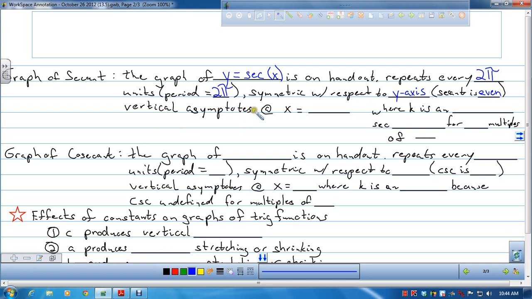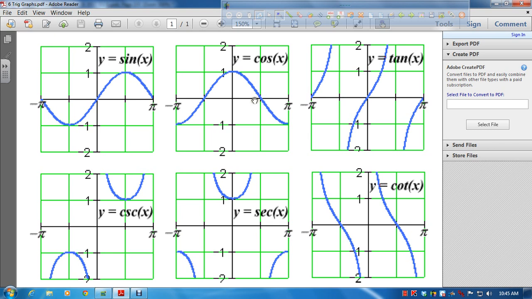And these vertical asymptotes, as I indicated when we were looking at the graph, wherever its reciprocal crosses the x-axis or that value is 0, well, when we take the reciprocal of that, 0 would be in the denominator, so I'm going to have vertical asymptotes again at multiples of 1/2 pi.